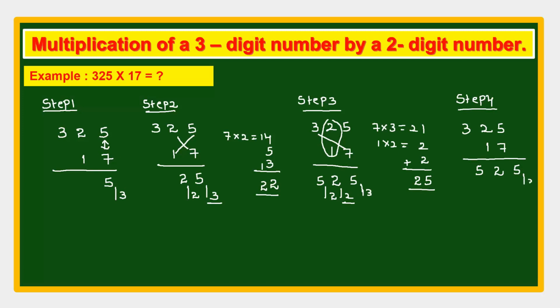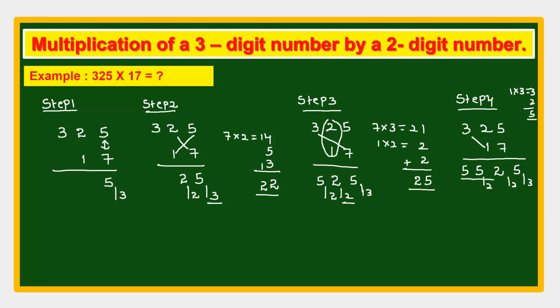Here carry forward 3. Here carry forward 2. Carry forward 2. Right. Now we have to multiply 1 by 3. These two we have to multiply. So 1 into 3, 3. And add 2. So 5. Now write 5 here.